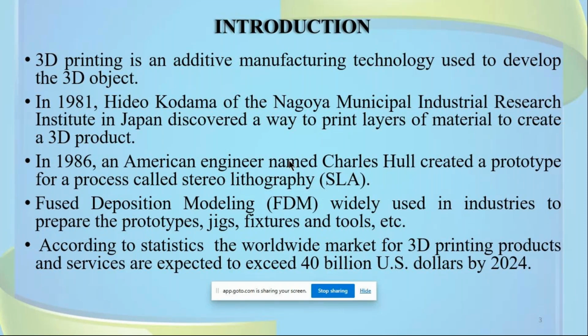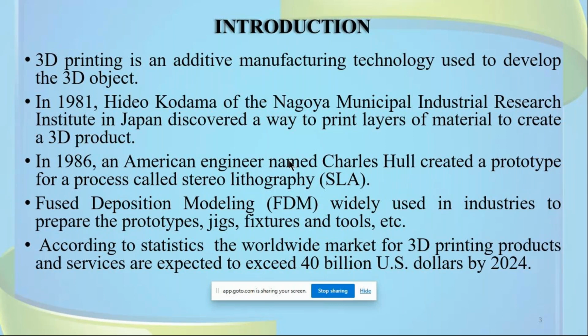In 1981, it was only an idea given by Hideo Kodama of Nagoya Municipal Industrial Research Institute in Japan. Further, in 1986, an American engineer named Charles Hull created a prototype and filed a patent on SLA technology of 3D printing.